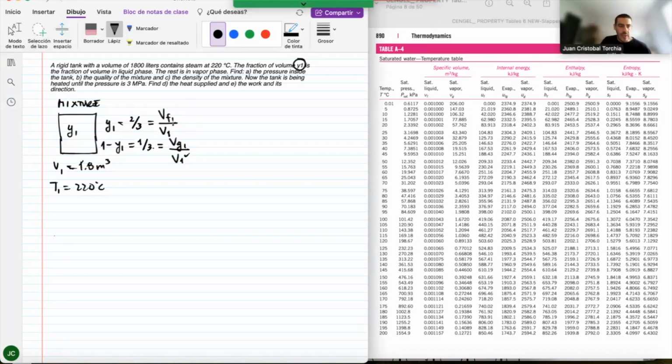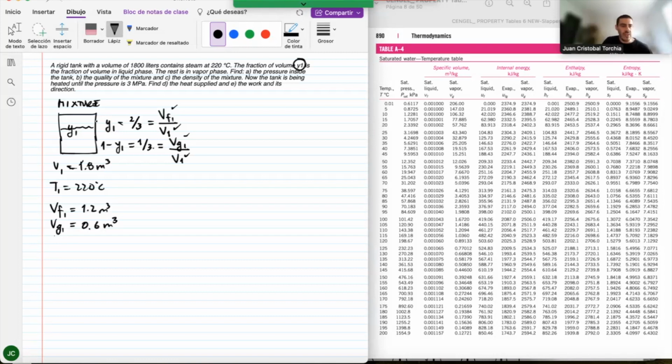I know this number, therefore I'm going to be able to get all of these. So the volume of the liquid phase at 1 equals 1.2 cubic meters. Meanwhile, the volume of the gas phase, Vg1, occupies 0.6 cubic meters.